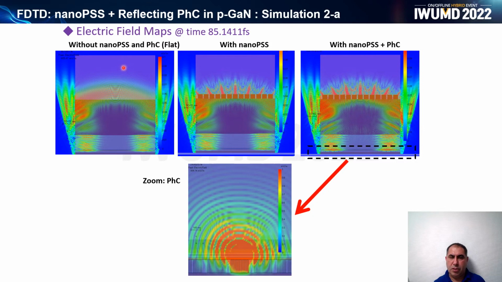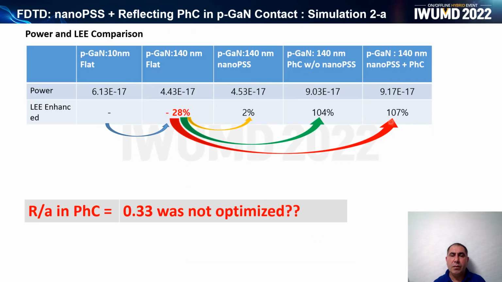Here is without nanoPSS, with nanoPSS, and then with nanoPSS plus PHC. You can see very nice light distribution in the UVB LED. But as I mentioned, the R/A value 0.33 was not optimized, and the maximum light enhancement was 107% by using the nanoPSS plus PHC in this design.